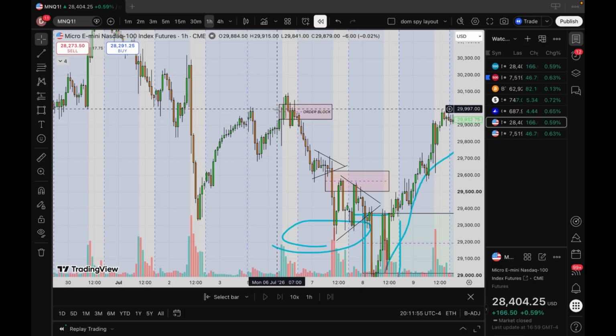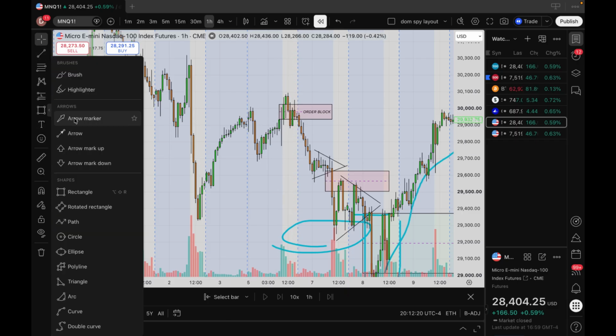Actually, we broke structure right here, and we also break it right here, if you can tell. What's invalid is basically small moves away, no big displacement, doesn't break structure, and gets traded completely through the order block. Every down candle before a rally is not an order block, guys. Every down candle before a rally is not an order block.